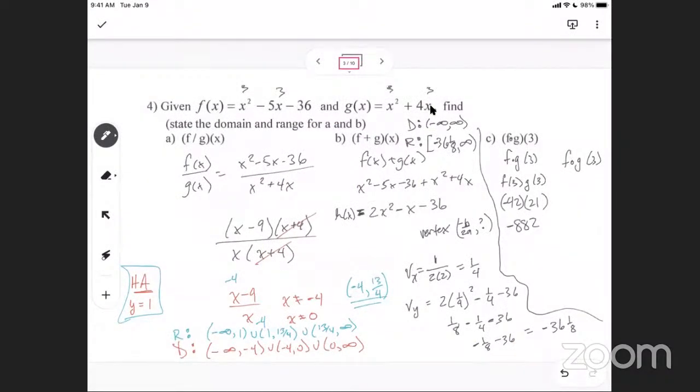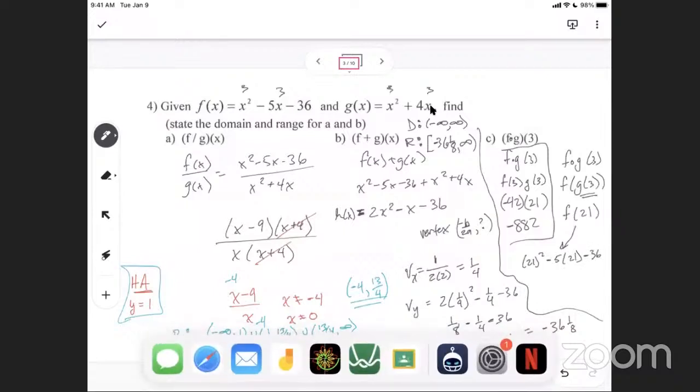That would be f times g of 3. F of g of 3 means you find g of 3 first, which we already found. G of 3 was 21, and then we plug that into f. So what's f of 21? Well, f of 21 is 21 squared minus 5 times 21 minus 36.